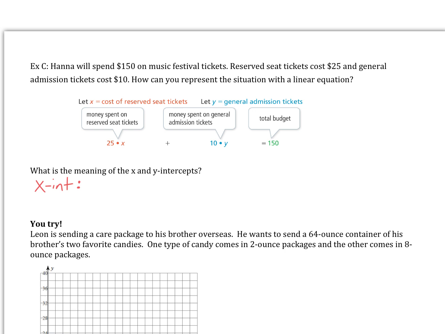All right. So the x-intercept. To find the x-intercept, I would put 0 in for y. If I put 0 in for y, that means how many general admission tickets am I getting? 0, right?